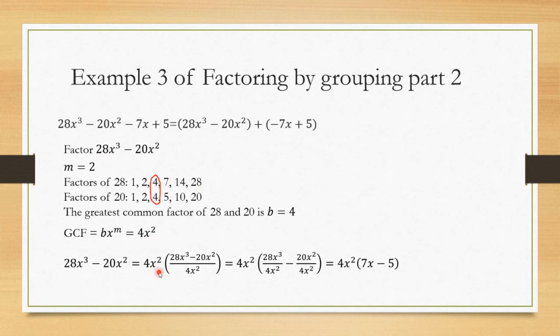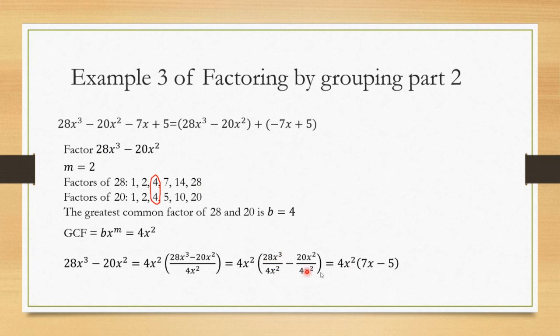So what do we do? Factor it out, like so. And when you factor it out, you divide into each term, as you can see. And so from here, 28 over 4, that's 7.